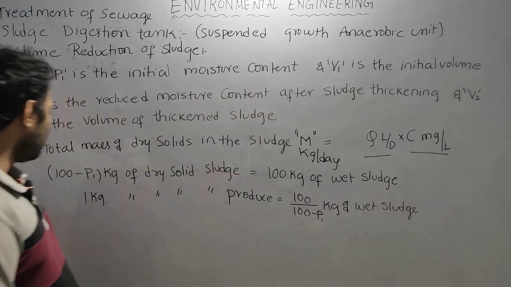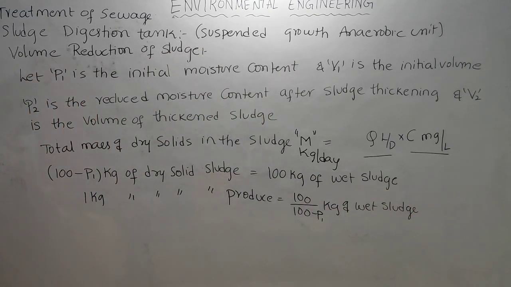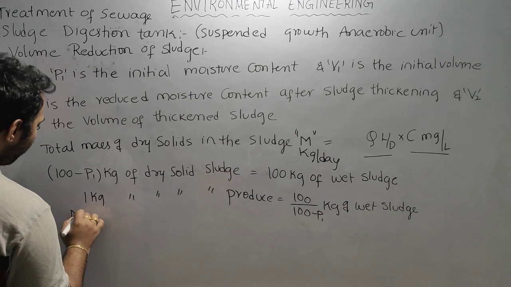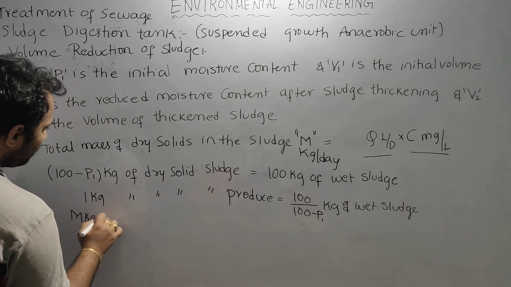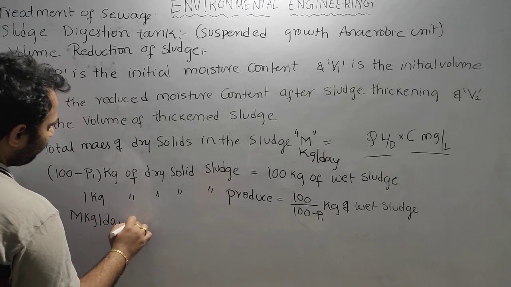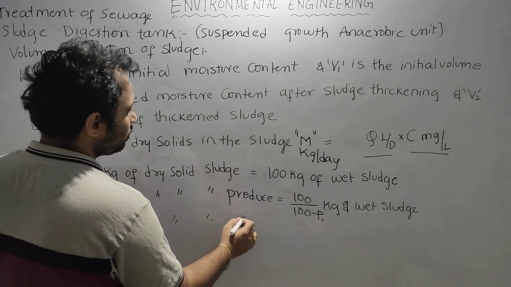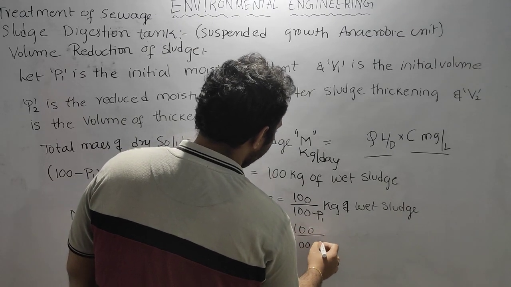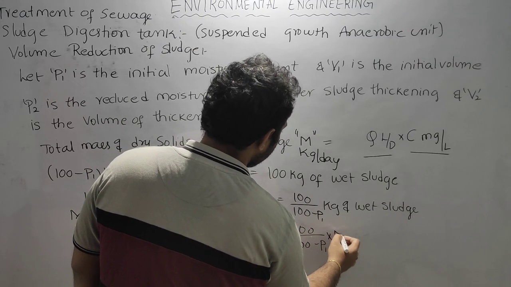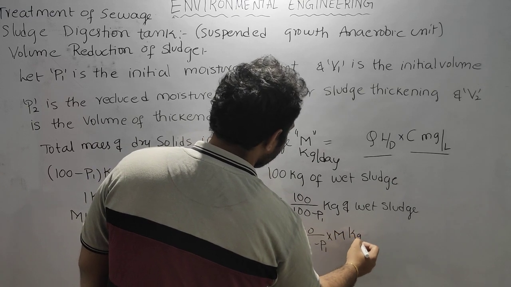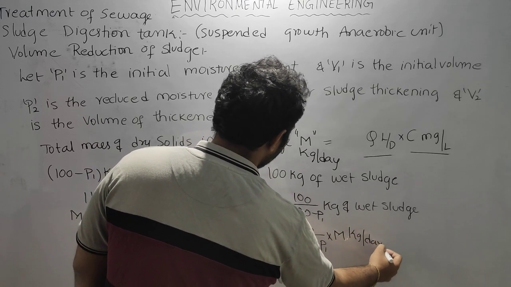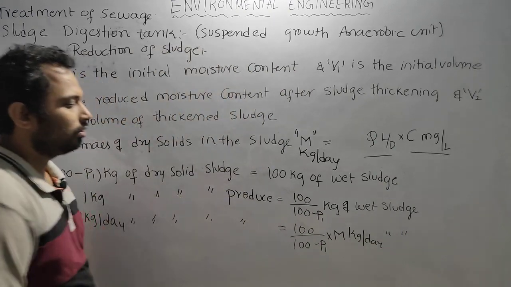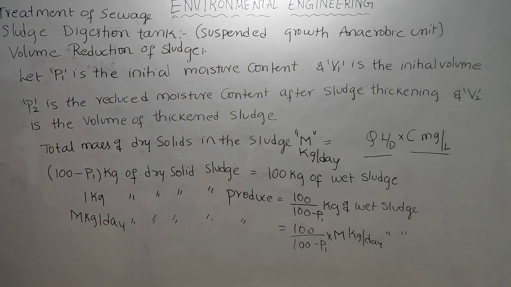So m kg per day of dry solid sludge will produce 100 by 100 minus P1 into m kg per day of wet sludge.